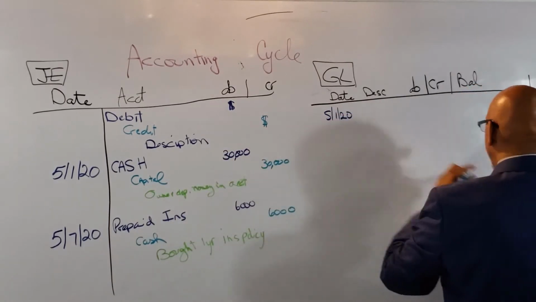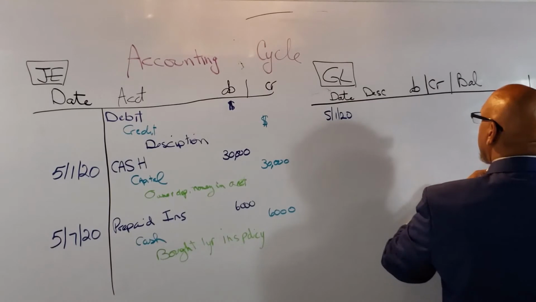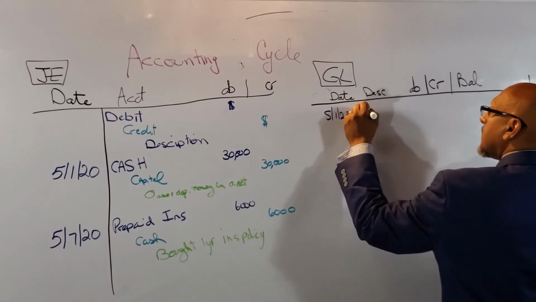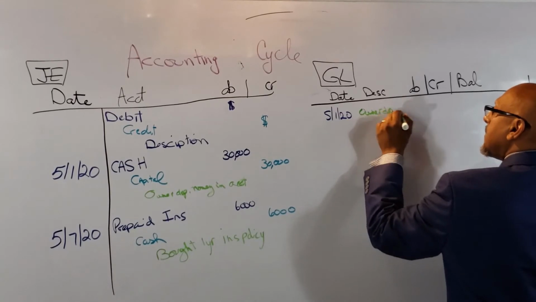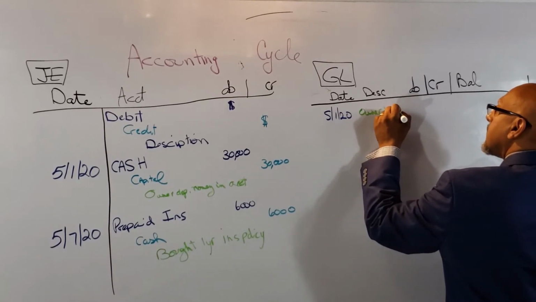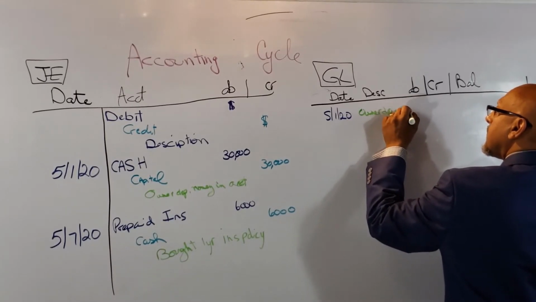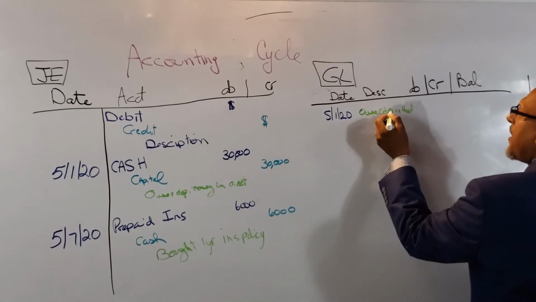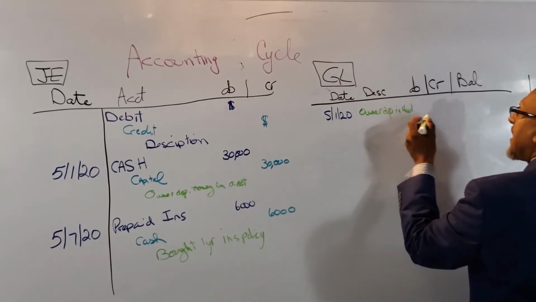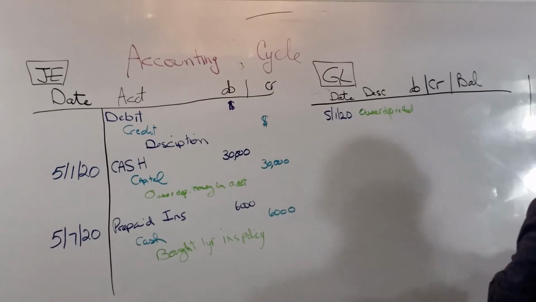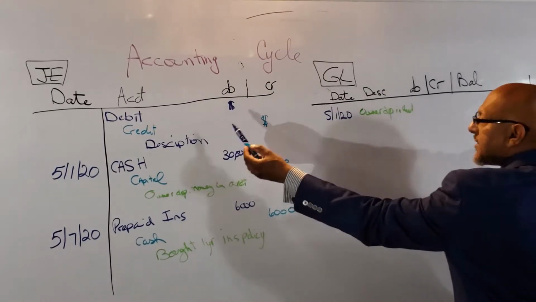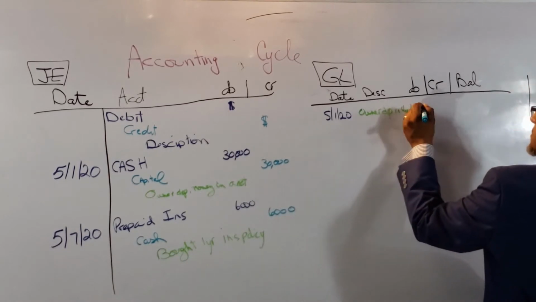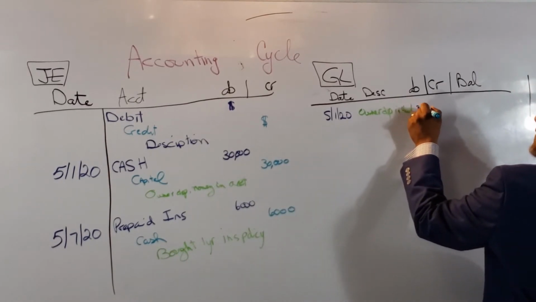Description was owner deposit, DEP, in account. And that was a debit of $30,000. So we put the $30,000 here.